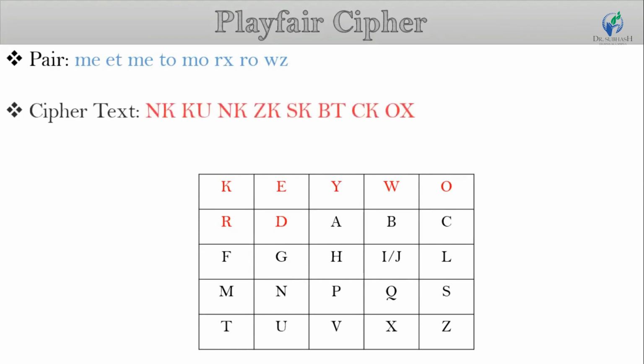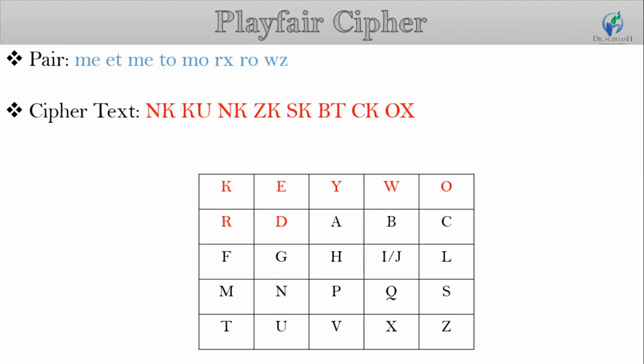So the ciphertext is NK, KU, NK, ZK, SK, BT, CK and OK. I will explain in which way we found this ciphertext.